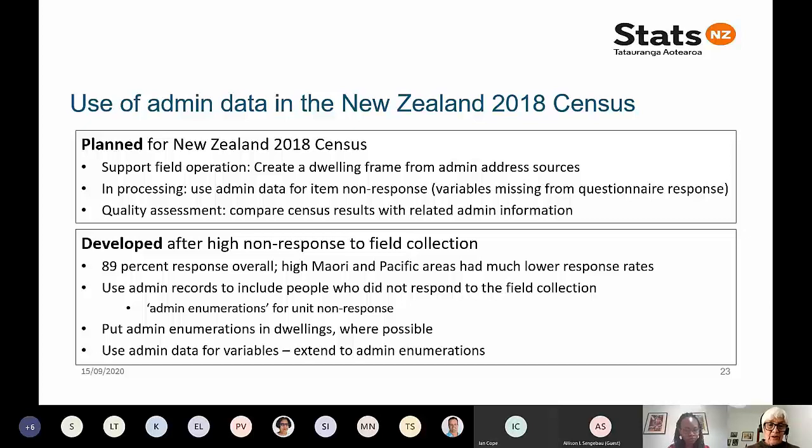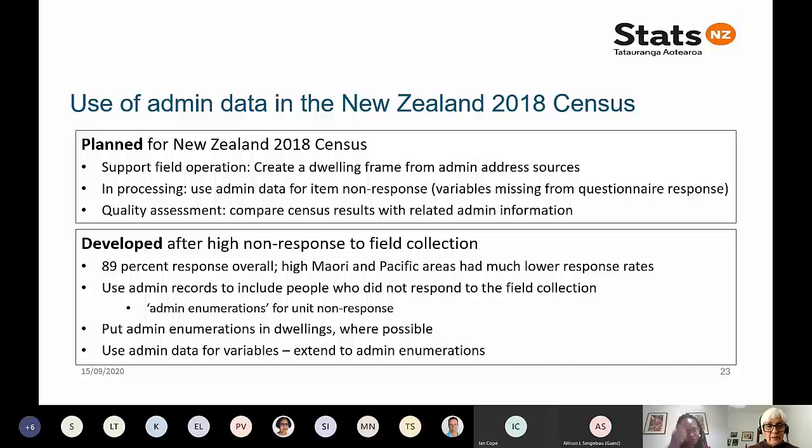And so we decided that we would try to use administrative records to include people who did not respond to the field collection. We called those records admin enumerations. So it's an adjustment for unit non-response, so for people who didn't respond to the field collection.